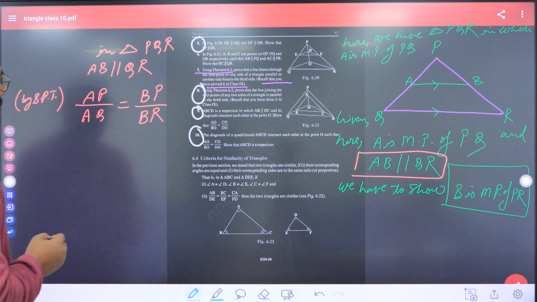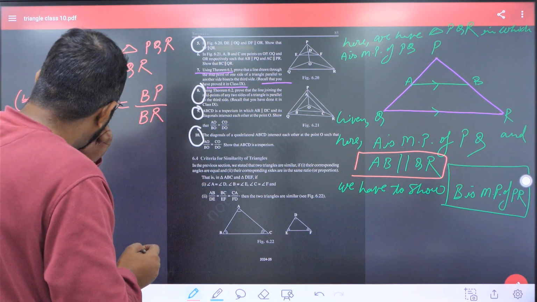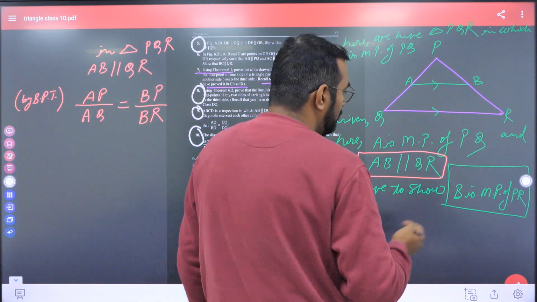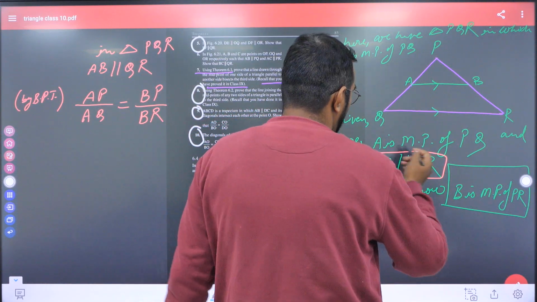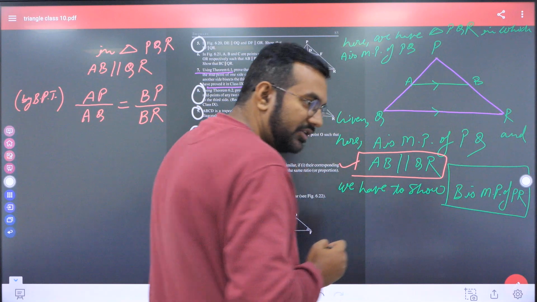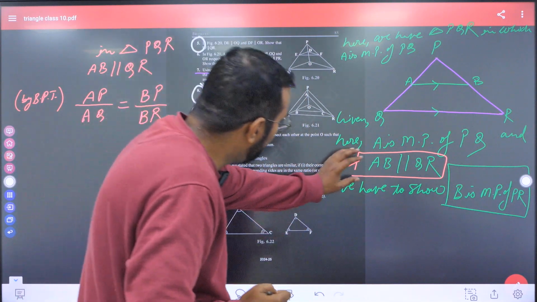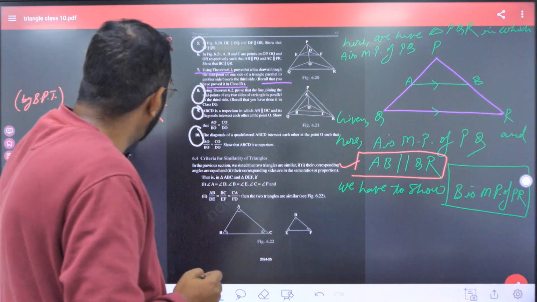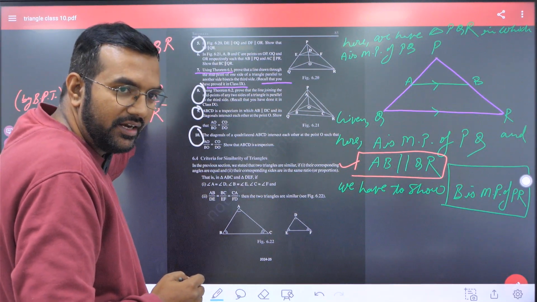Now, in this question, two things are given. One, AB is parallel to QR, and we have utilized this by writing these things here.